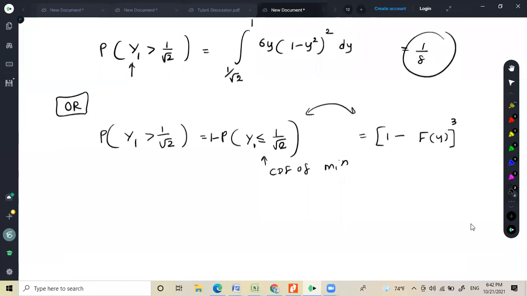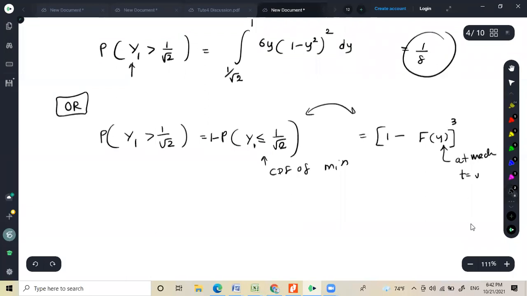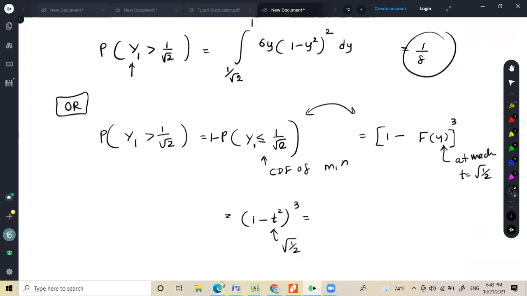Okay, and here your y value you have to evaluate at the median, right? What is the median? T, this one. Okay, so if you do that, you'll end up with 1 minus t squared to power 3. Again, t is square root of 1/2, and you'll see that it is going to be 1/8.